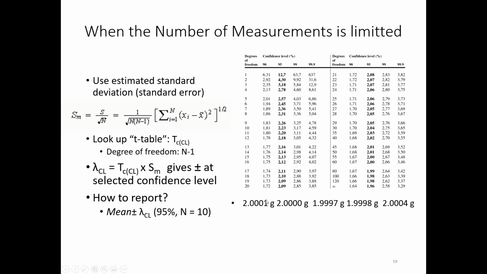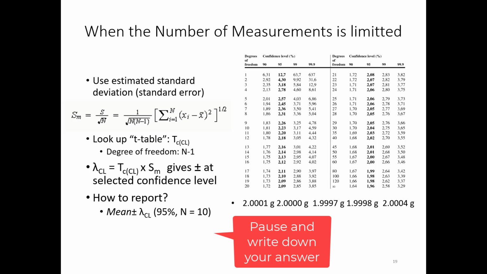Let's go back to this example. I still have these 5 measurements. Right now, I want to report my measurement with this method. So I'm going to report the mean plus minus lambda. I want you guys to try to calculate the lambda value and show a similar reporting here.